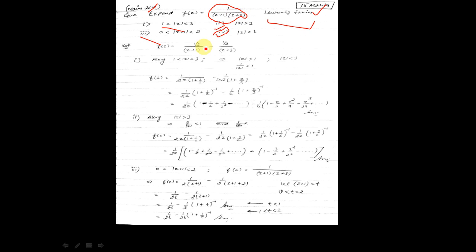These are 2. So when this is the area where mod z is greater than 1 but less than 3, then it means mod z is greater than 1 and mod z is less than 3. When mod z is greater than 1, this implies that 1 by mod z will be less than 1, and mod z is less than 3.